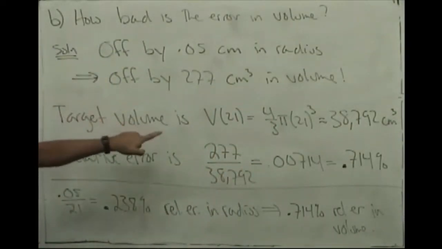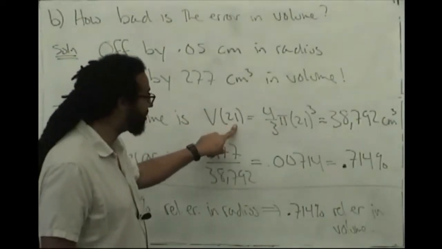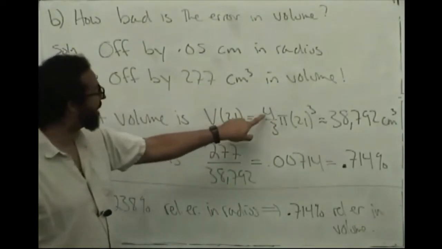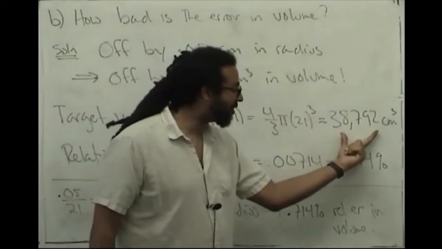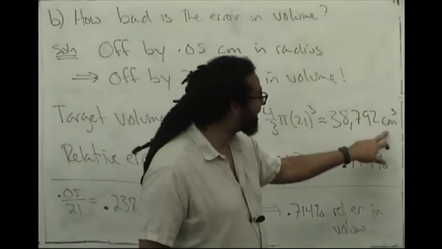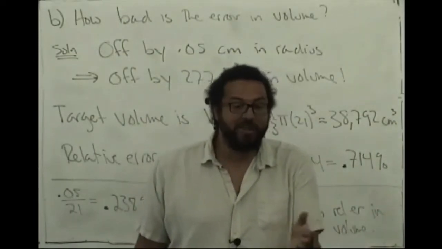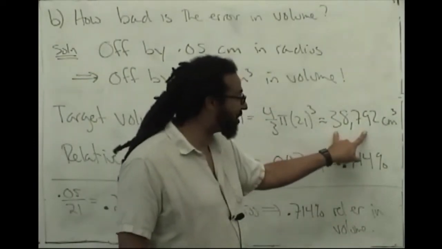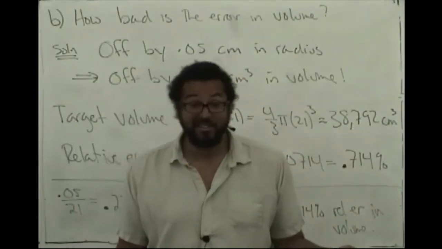Now the target volume that we got from our target radius of 21, that was our measured radius. So I plugged that into the formula for volume and I got 4/3 pi 21 cubed. The actual volume then is about 38,792 cubic centimeters. So to be off by only 277 cubic centimeters relative to 38,792, now that doesn't seem so bad.